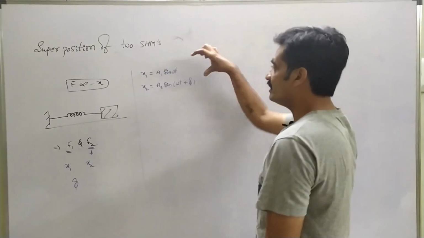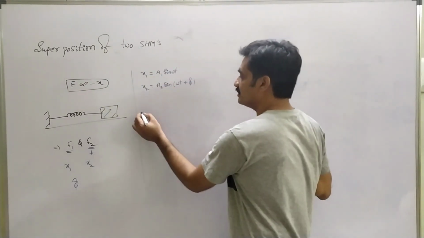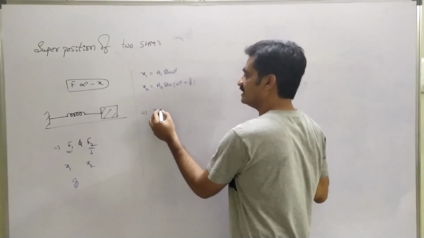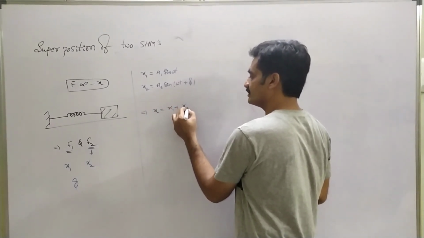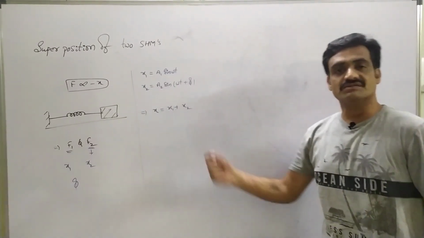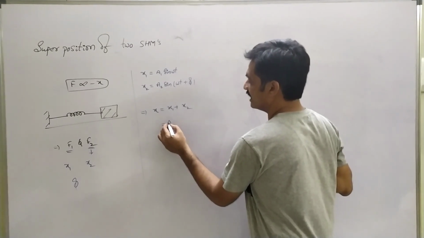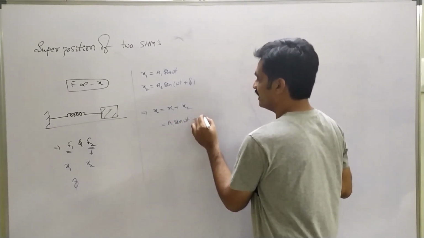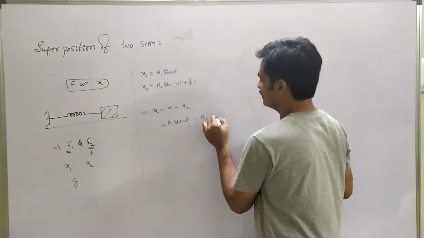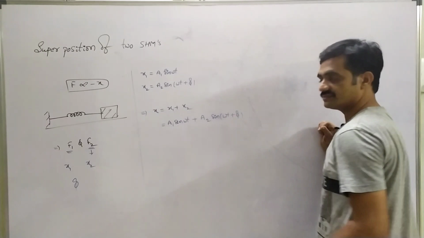Now we have to apply superposition of SHM. The superposition is given as x equals x1 plus x2, where x1 equals a1 sin omega t and x2 equals a2 sin(omega t plus pi).